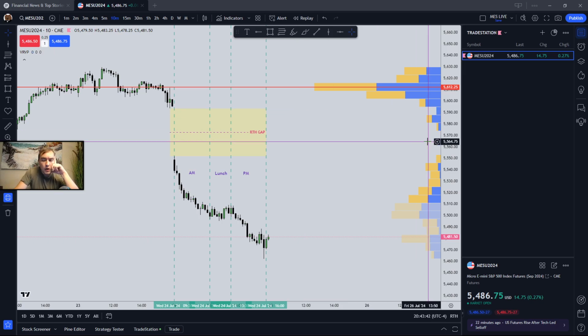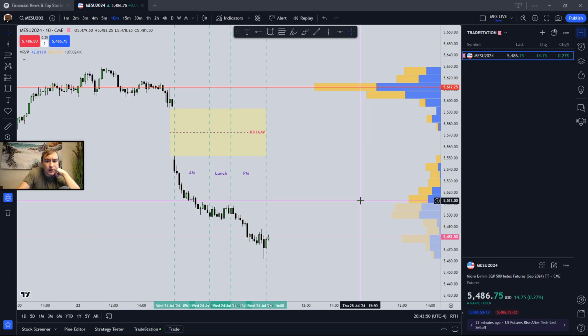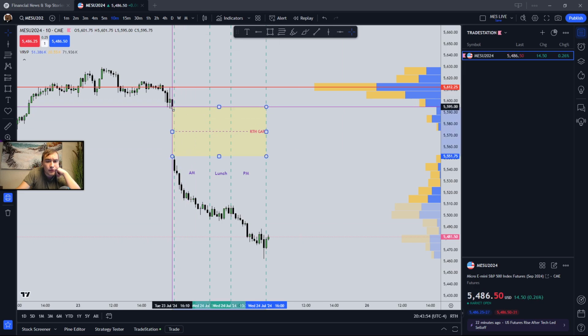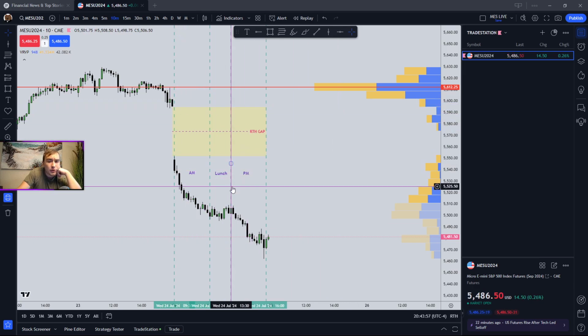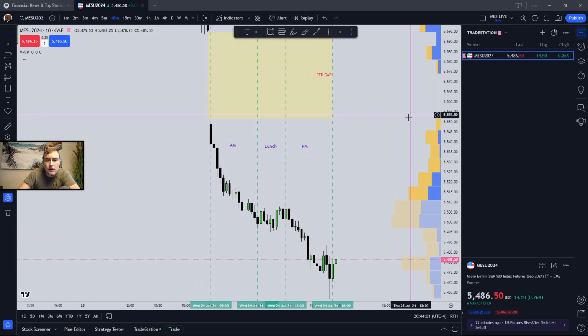Okay, guys, so what I'm showing you here on TradingView is the trading day for Wednesday, the 24th of July, 2024, from the regular trading hours. I've outlined the regular trading hours gap, and then I've shown you the AM session, the lunch session, and the PM session.